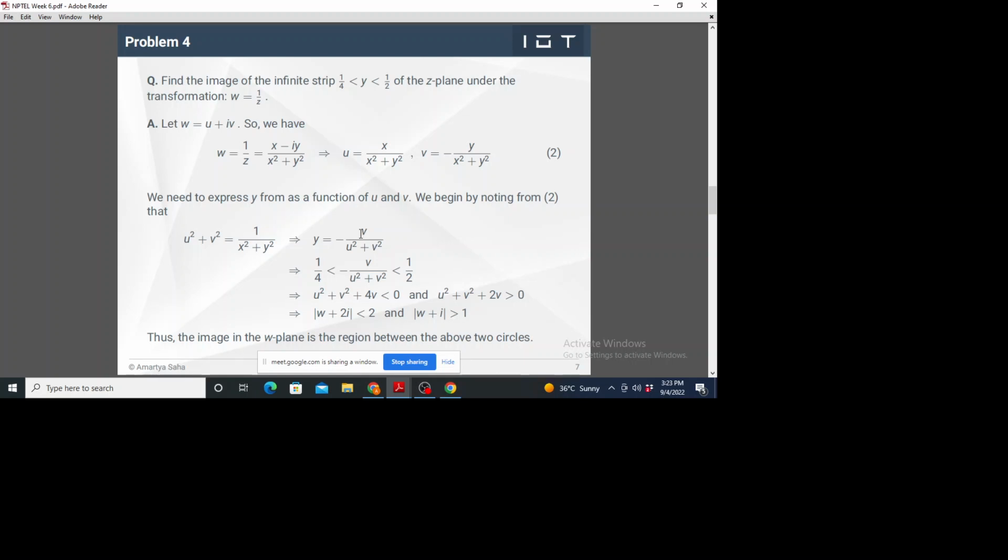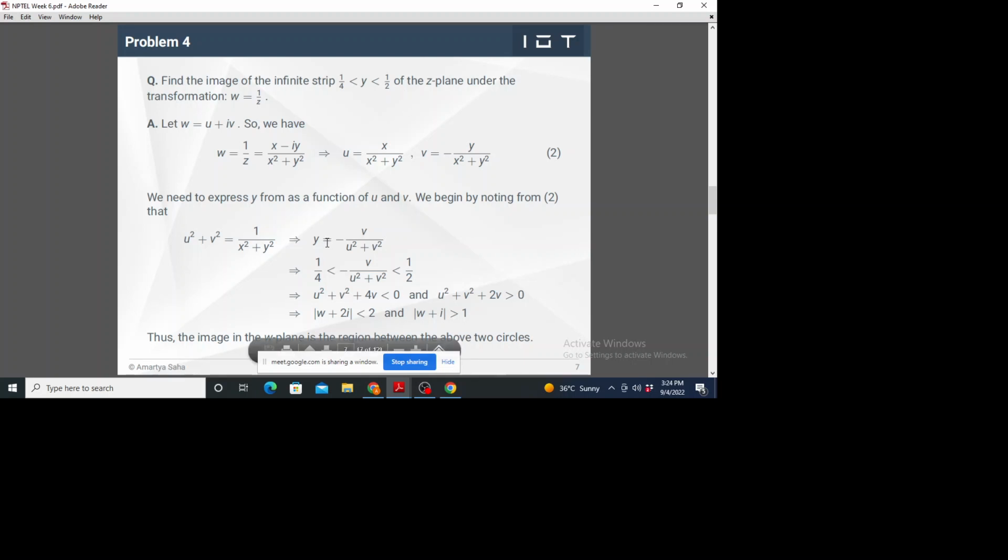So we have to express x and y here in terms of u and v, and since there is no restriction on x, that will not be of much use, but there is some restriction on y, so that will actually be useful for this problem.